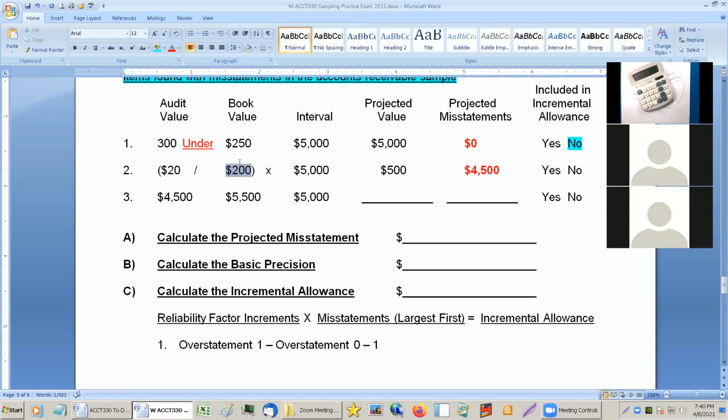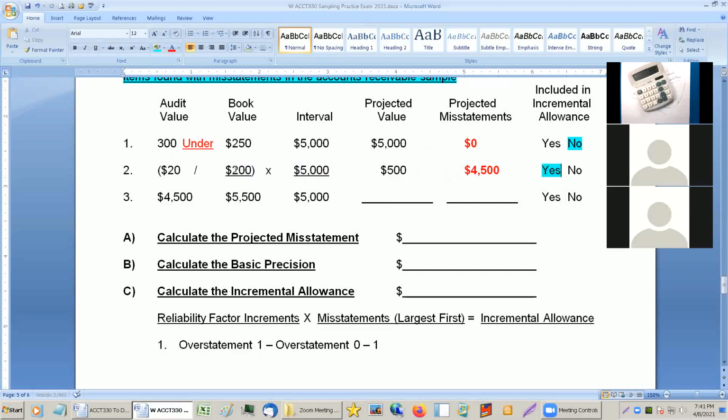Now, you'll notice that there's only 200 in here versus 5,000. So there still could be more things wrong in an interval. And furthermore, because you did find a misstatement, it makes it more likely that there will be more misstatements. So will this be including incremental allowance? Yes.